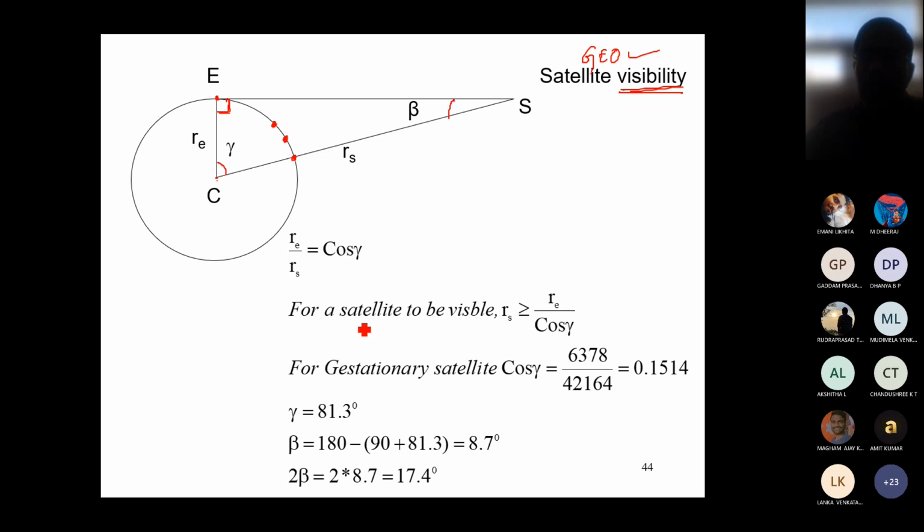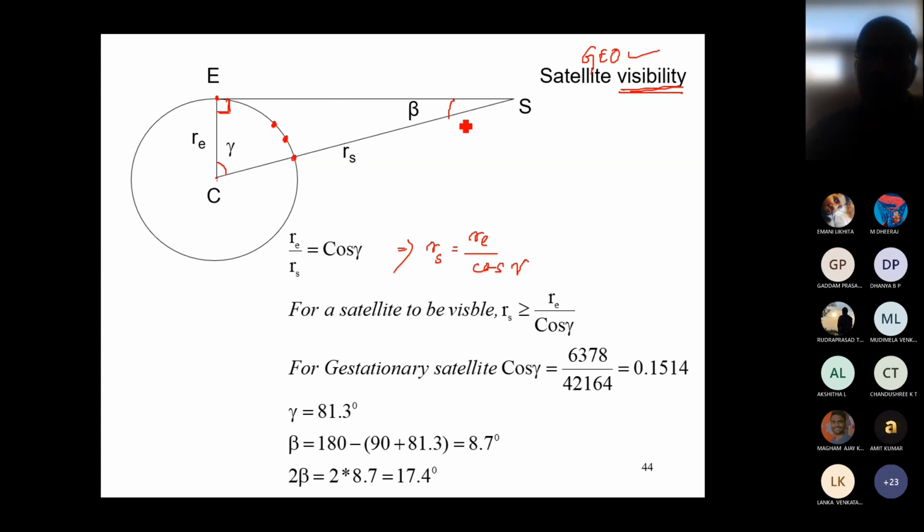Then next thing, for a satellite to be visible, the RS should be greater than RE divided by cos gamma. That means from this equality, I can find the value of RS, that is equal to RE divided by cos gamma. Getting the point? So this is RS. RS means it is the orbital height of the satellite. All right.